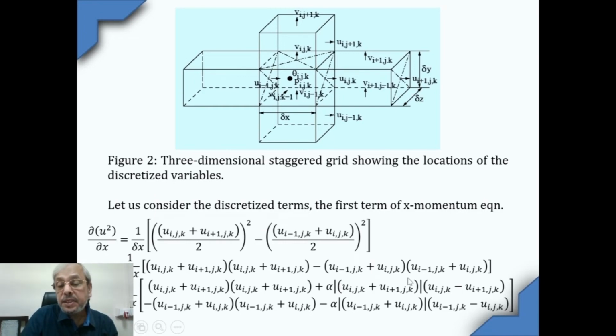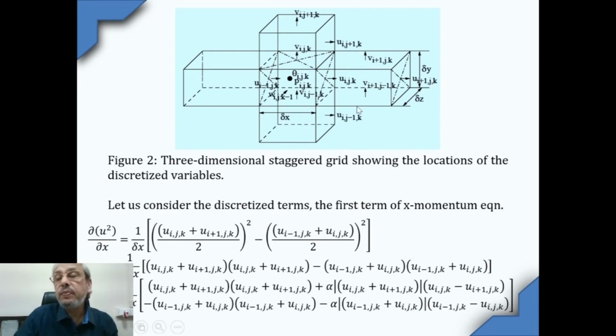And this is under modulus sign. This term uijk plus ui plus 1 jk is under modulus sign in order to give flexibility, because locally in a flow field it is quite natural that there will be some obstructions, some undulations, and there may be flow separation.